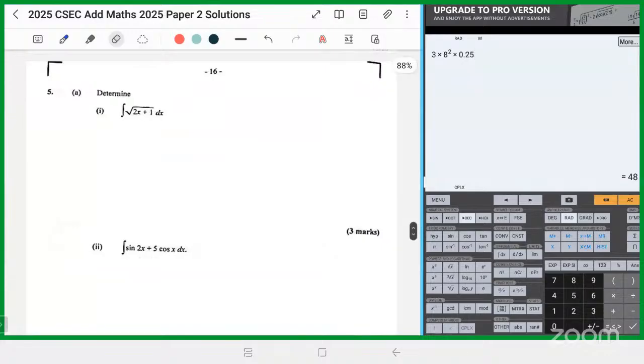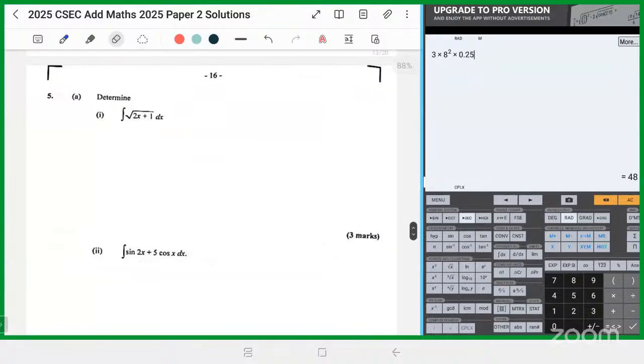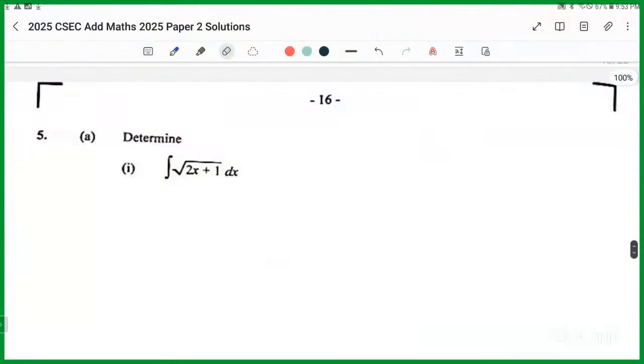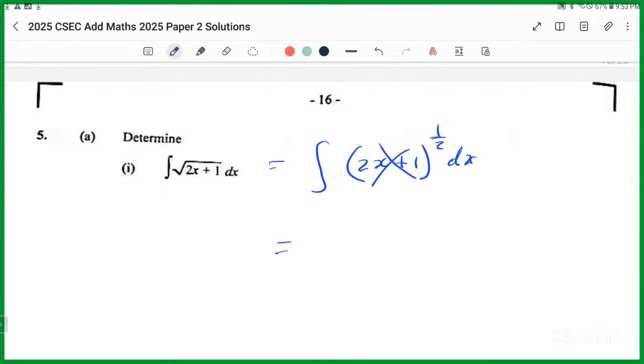Number 5. I want us to integrate this. I'm going to write this as equal to the integral of (2x plus 1) to the half dx. All right, so integrate the whole thing first.